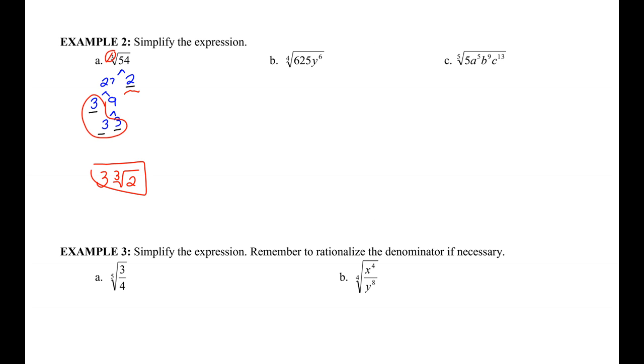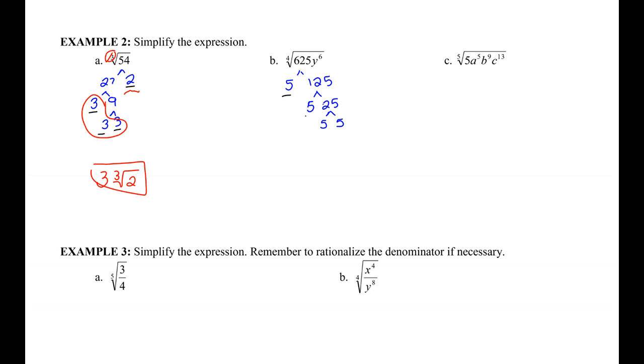We're going to do the same thing here with example B. 2 numbers that get me 625. I'm going to use 5 and 125. 125 I'm going to break down again to be 5 times 25, and then once again I'm going to break down the 25 to be 5 times 5.